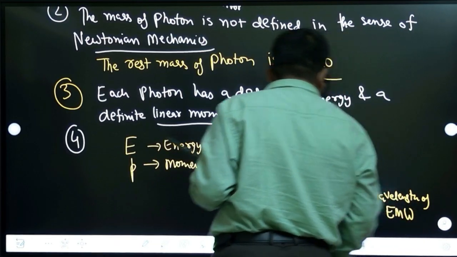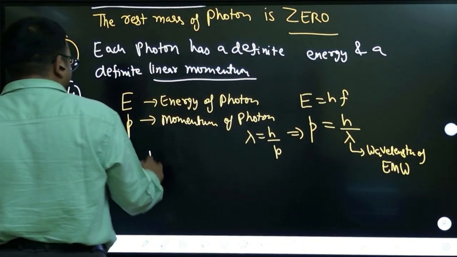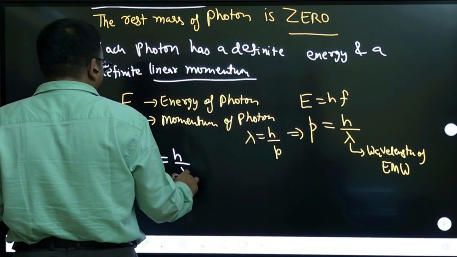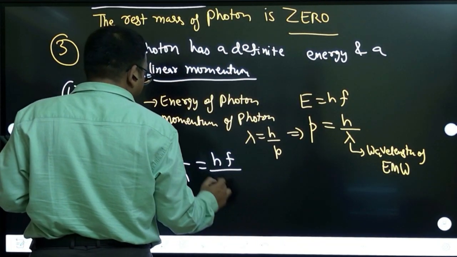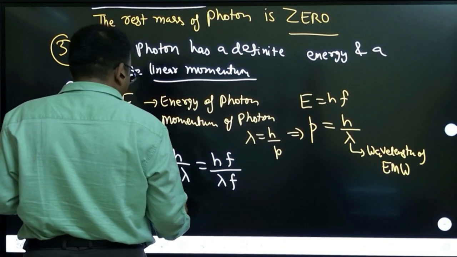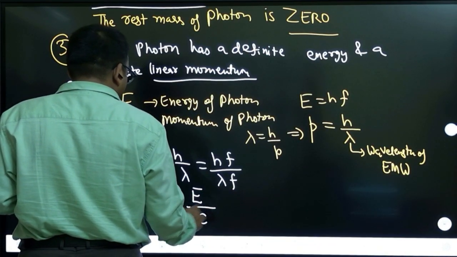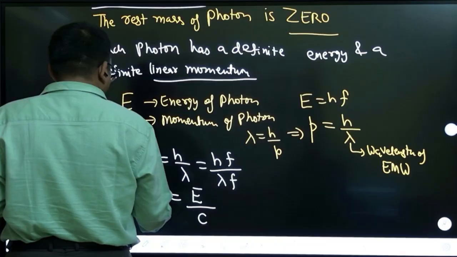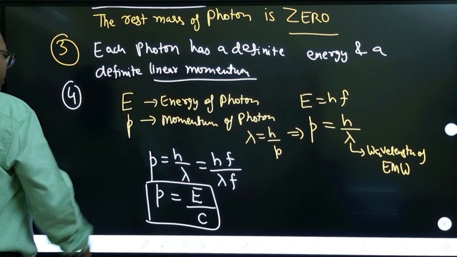From here we can also get a relation: because P is equal to h by lambda, we can multiply frequency in the numerator and denominator. So h into frequency becomes energy of photon, and lambda into frequency becomes the speed of the wave, which is the speed of electromagnetic waves.